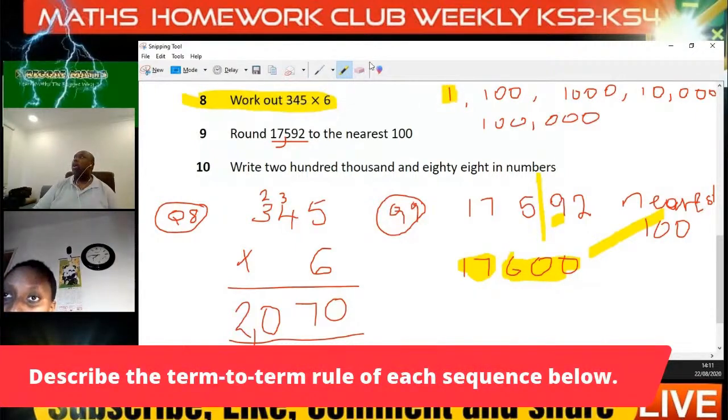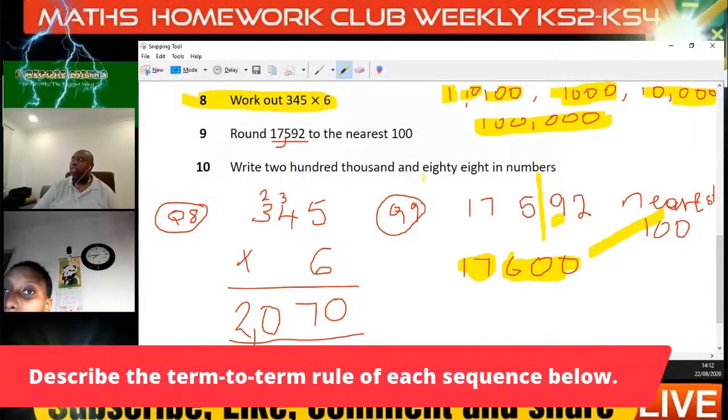I've missed 10 out though. 10 is 2 figures. 100 is 3. 1,000 is 4 figures. 10,000 is how many figures? 5. And 100,000 is 6 figures. Okay?